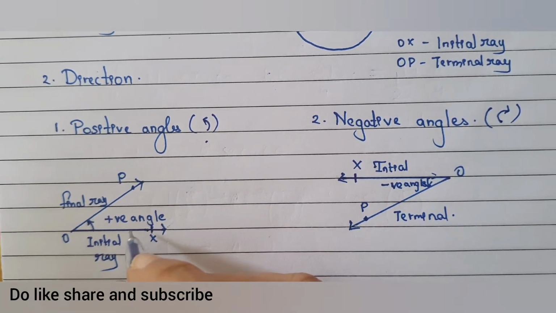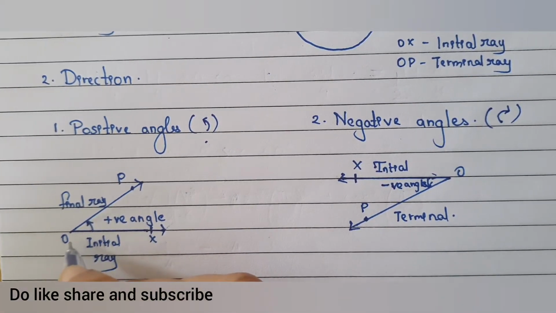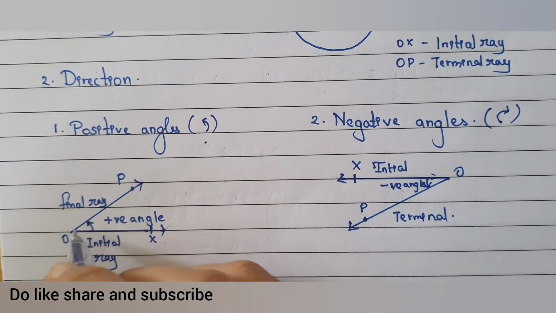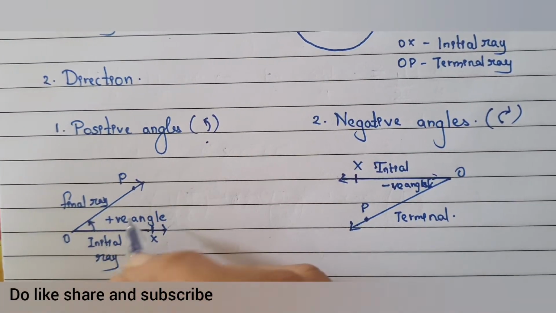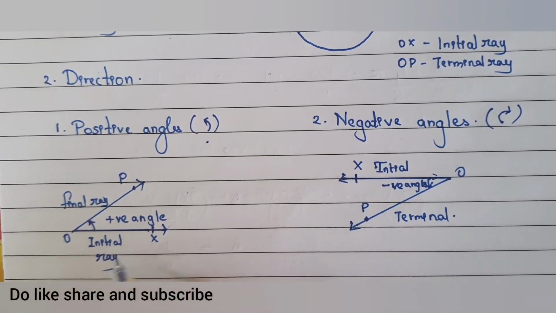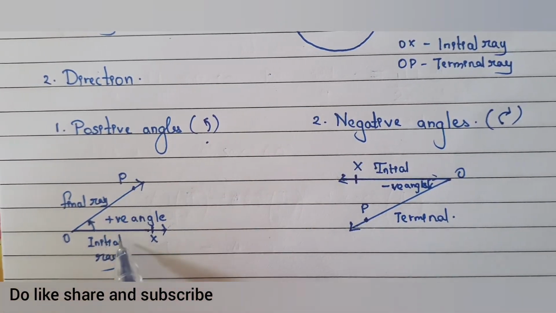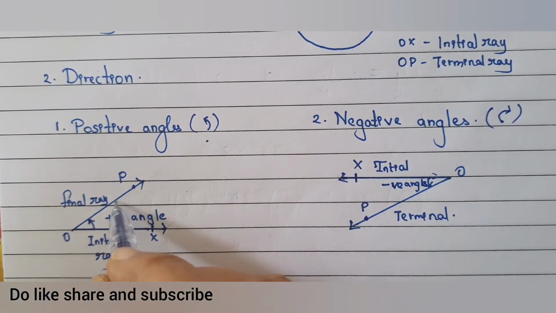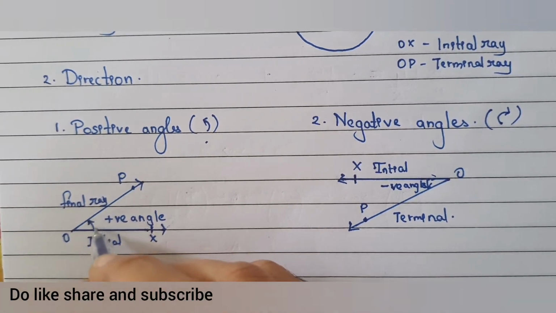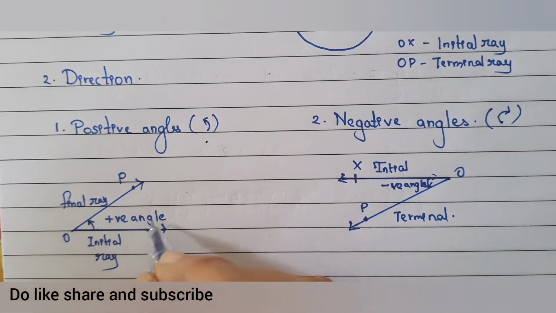Here on this ray, initial position is OX and final ray, that is a terminal ray, is OP. This angle formed is positive angle as the initial ray is rotated from OX to OP. Here this displacement is minimum, hence it is positive.